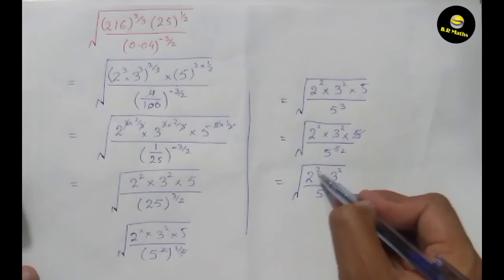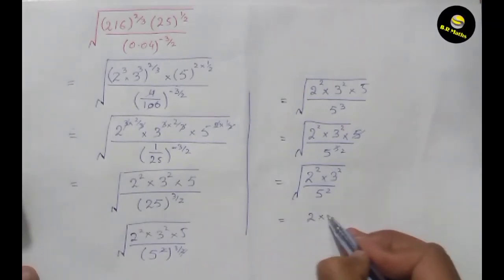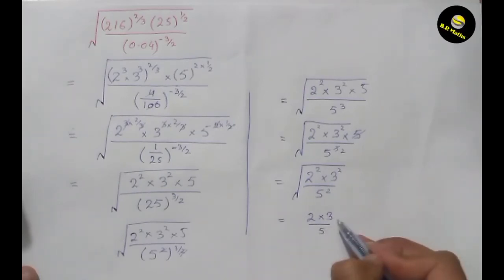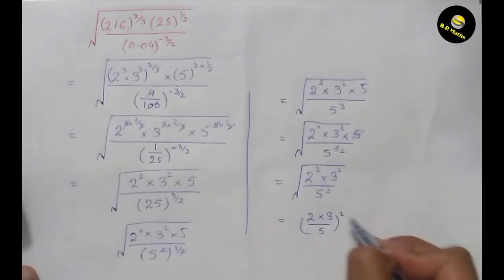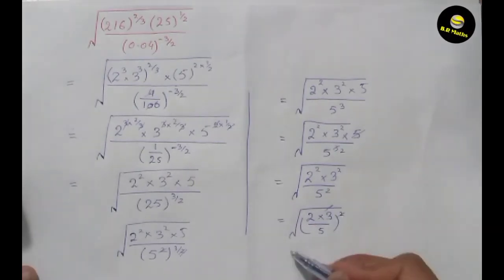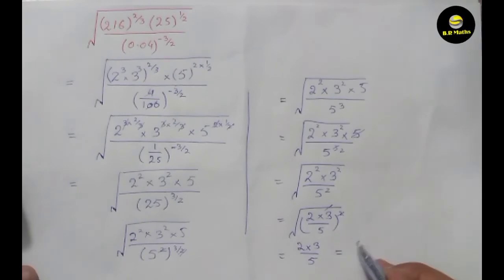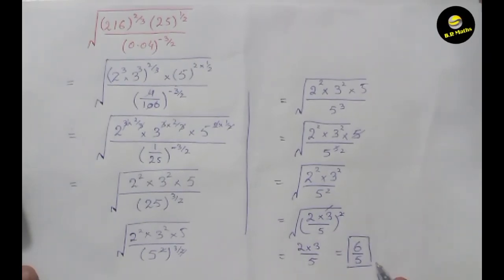All terms have the same power, so you can write it in whole square form, and the whole square and square root cancel with each other. Finally, 2 multiplied by 3 over 5, which is 6 over 5, is your final simplified result.